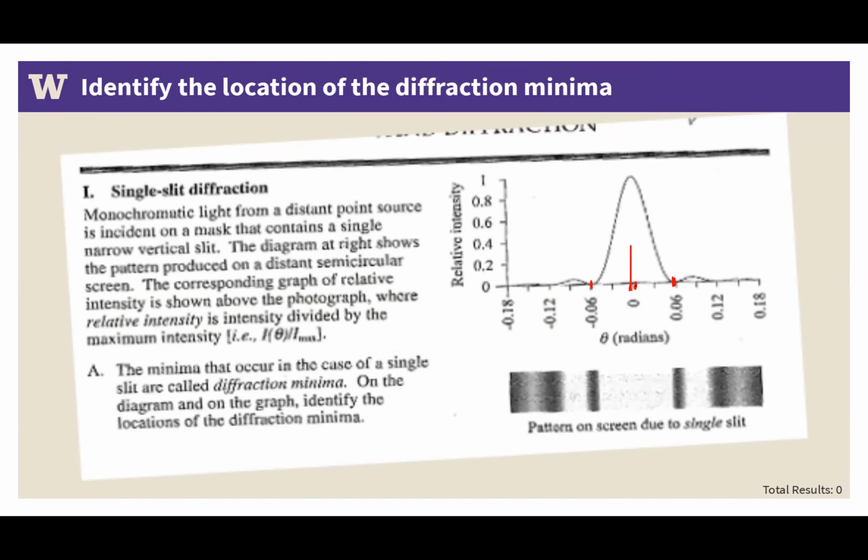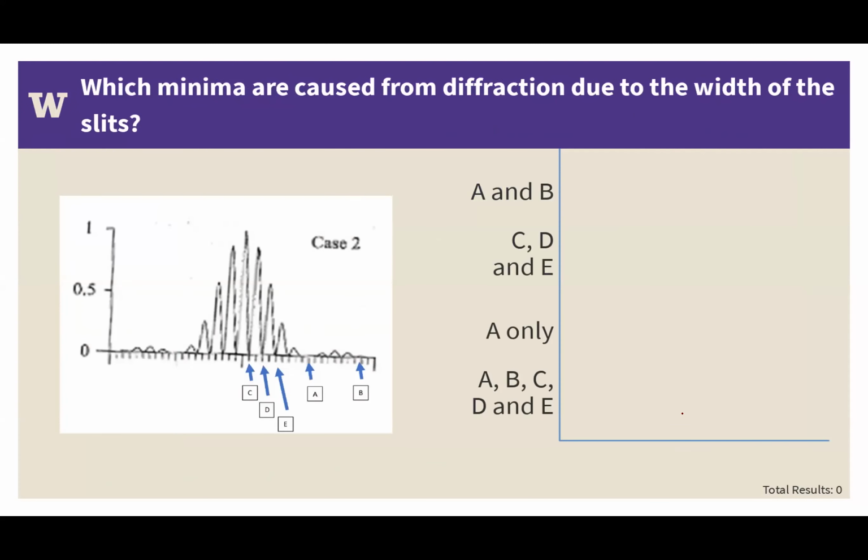So that means my interference dark spots are going to be spaced a lot more tightly together than my diffraction ones. So I can think about the diffraction as this broad shape here, and I can think about the interference as causing these fine structure minima and maxima.